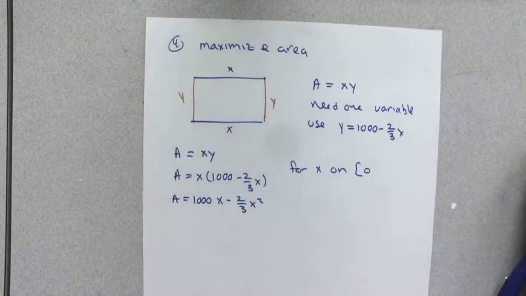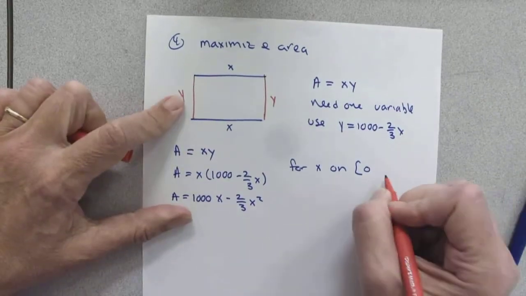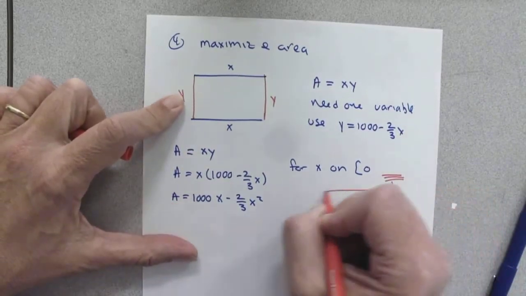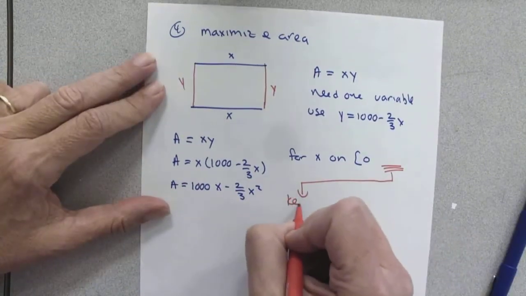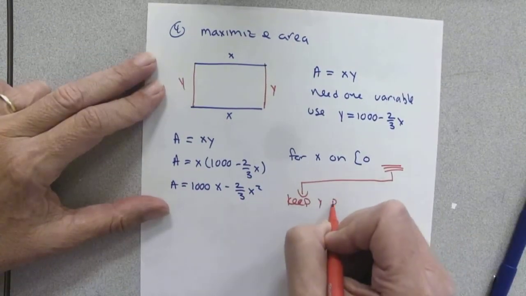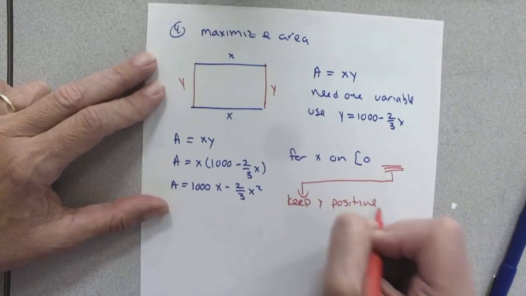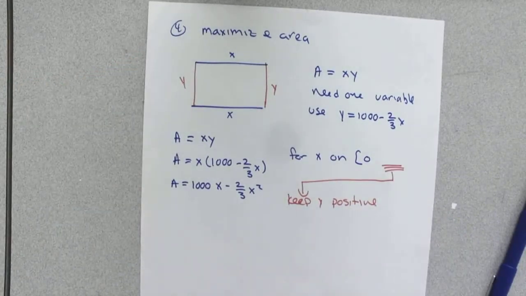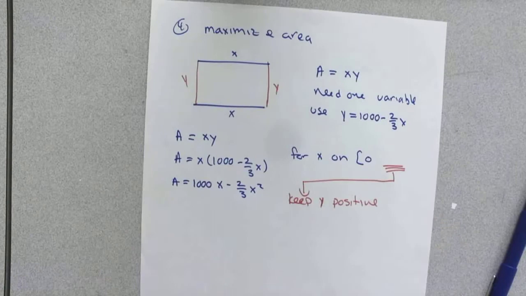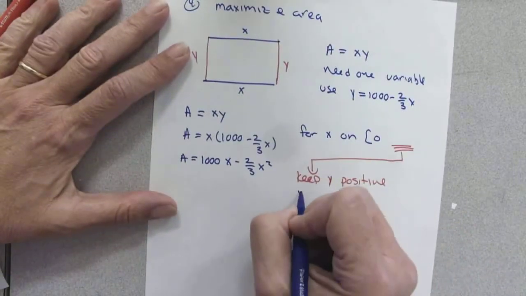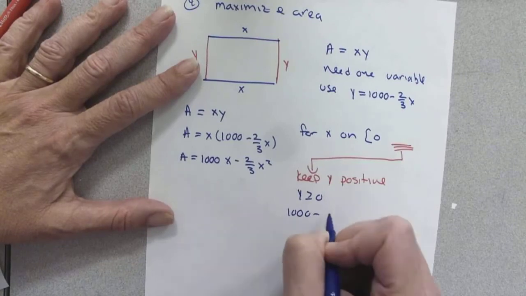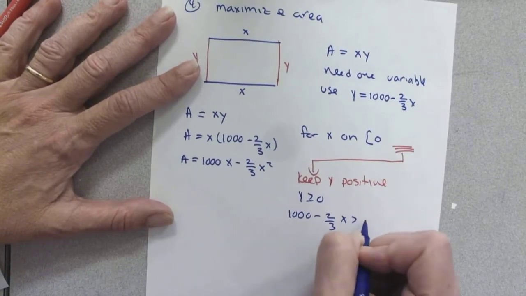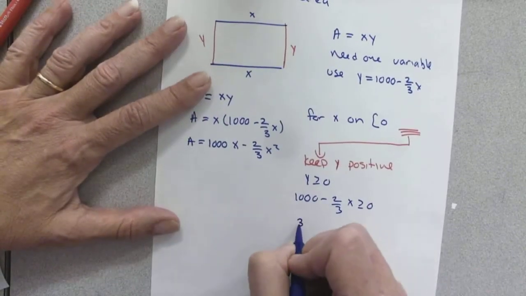Then that second number. The first number comes from your primary variable. The second one comes from keeping y positive. Keep y positive, or whatever your secondary variable happens to be. So in this case, y greater than or equal to 0. 1,000 minus 2/3 x greater than or equal to 0.